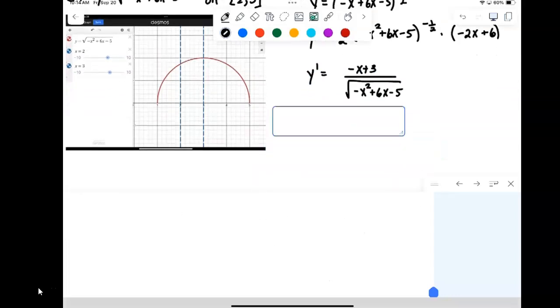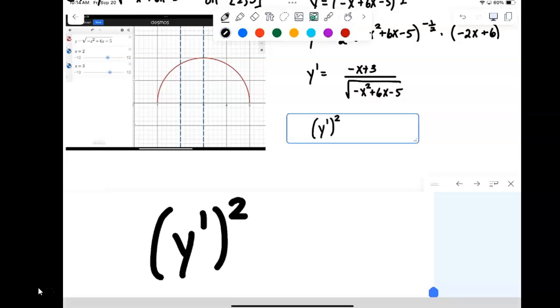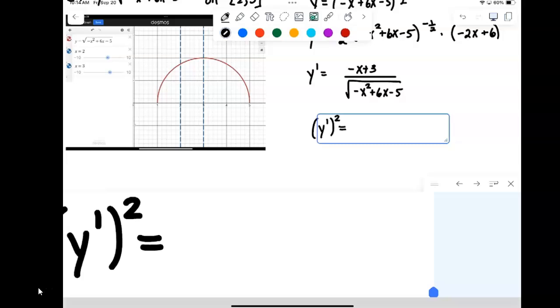And so now we're ready to go in and talk about our integral, and we're going to have a bit of algebra to do here. In fact, let me just be proactive. The formula calls for the derivative squared, so let's go ahead and square y prime.